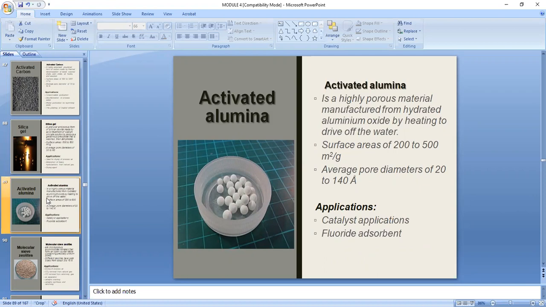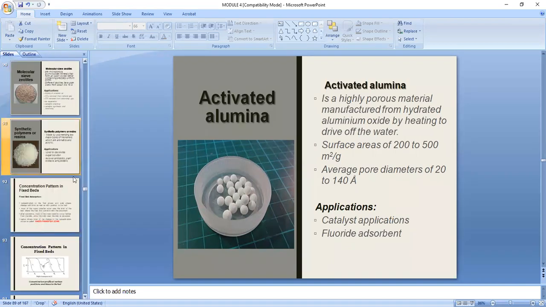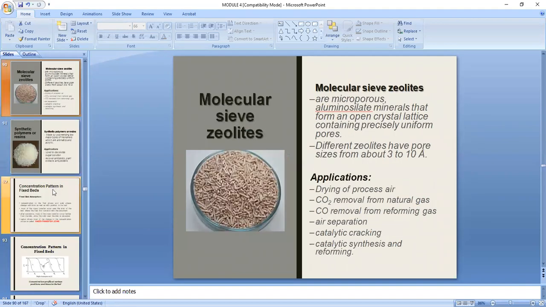Now we have activated alumina, a highly porous material manufactured from hydrated aluminum oxide by heating to drive off the water. Surface area is 200 to 500 square meters per gram with an average pore diameter of 20 to 140 angstrom. The activated alumina finds its application in catalyst applications and as a fluoride adsorbent. Then we have the molecular sieve zeolites.